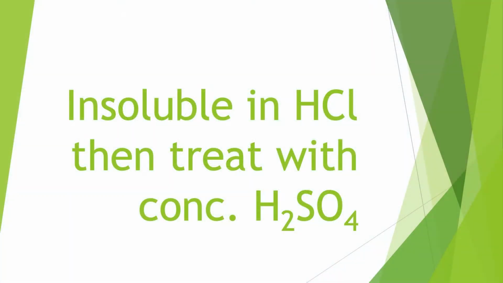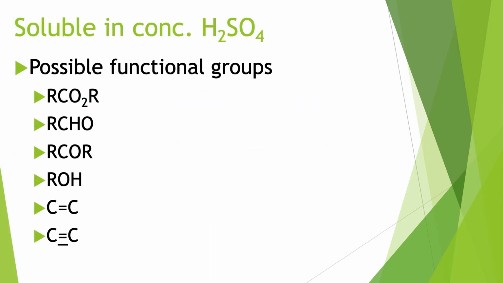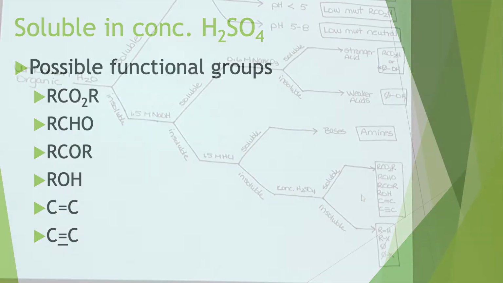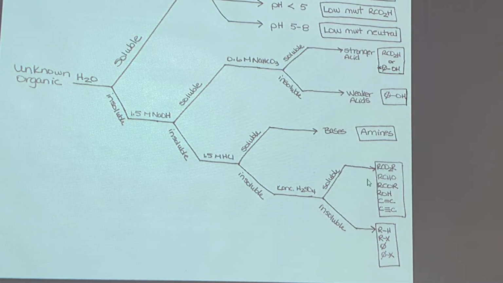Or if it was insoluble in the acid, I would take another sample and treat it with concentrated sulfuric acid. If it is soluble, then these are possible classes it could be, and it could be others. I'm just looking at the ones that we most likely would test. Could be a higher molecular weight carboxylic acid, aldehyde, ketone, alcohol, carbon-carbon double bond, or carbon-carbon triple bond.